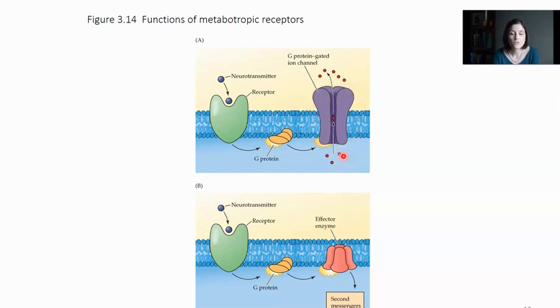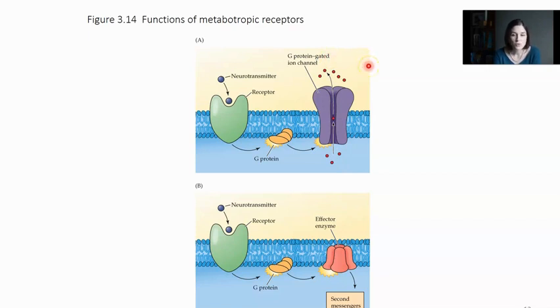These are frequently potassium channels, and you might have potassium channels in the membrane that are closed, but when the G protein activates this channel, it can open up. So this is a G protein gated ion channel, which would then allow potassium ions, which tend to flow out of the cell, to leave the cell and cause a hyperpolarization.